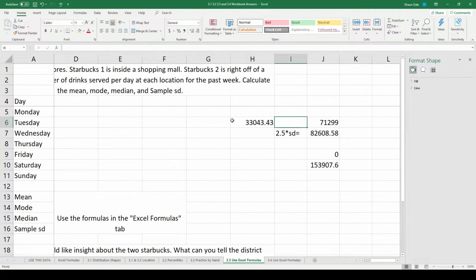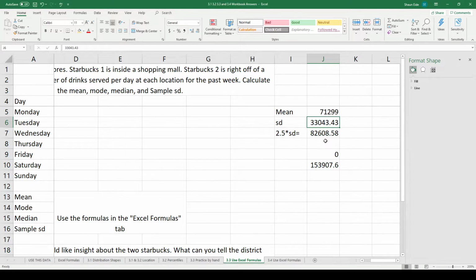So that's the standard deviation, and we've got the mean right here. So 2.5 multiplied by the standard deviation is $82,608.58.